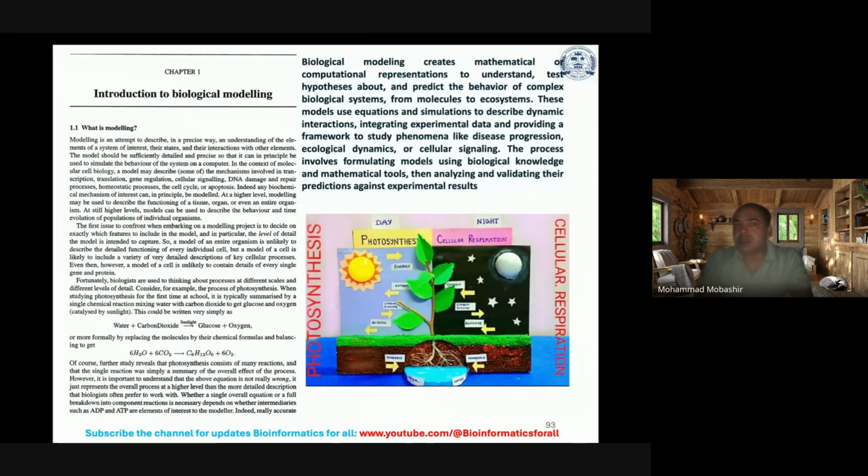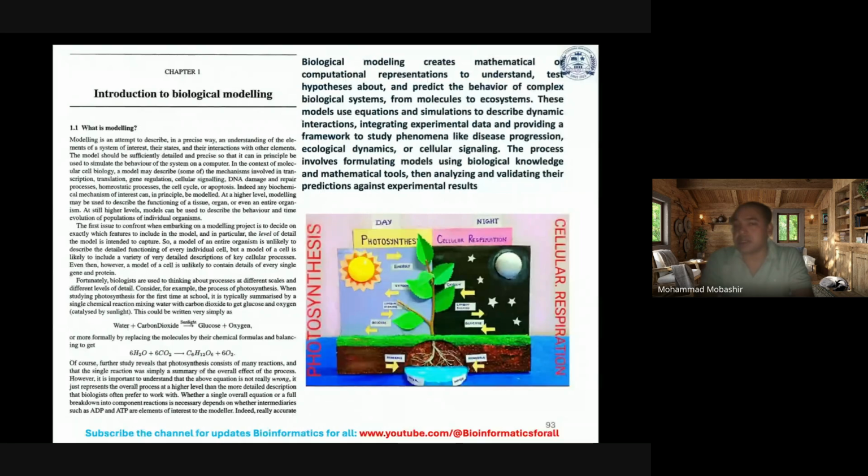These models use equations and simulations to describe the dynamic interactions, integrating experimental data and providing a framework to study phenomena like disease progression, ecological dynamics, or cellular signaling.